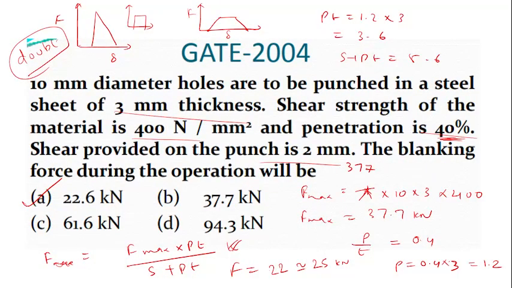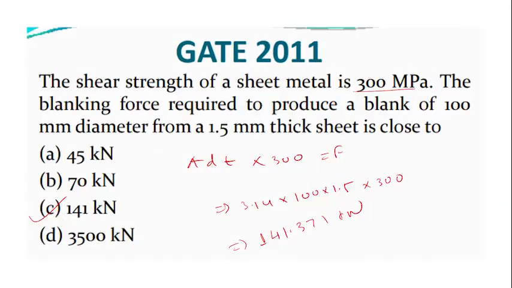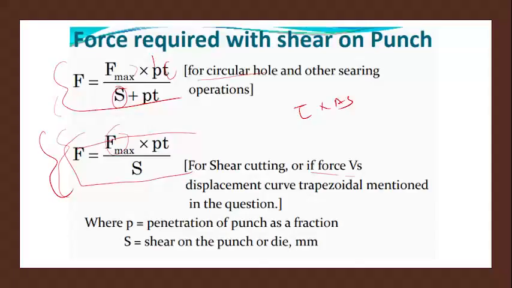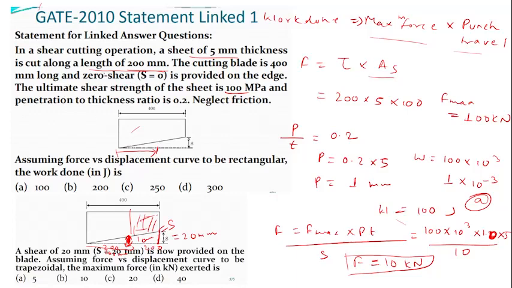Okay. Yes, ma'am. The formula is actually both for circular hole, one with shear, one without shear. No, not like that. First one is when you're doing circular holes. Second, this formula when you're doing any shear cutting. Like in this, we are not making any holes here, right? In this question, have you read this question? In a shear cutting operation, we are not making any holes here. A sheet of 5 mm thickness is cut along a length of 200 mm.